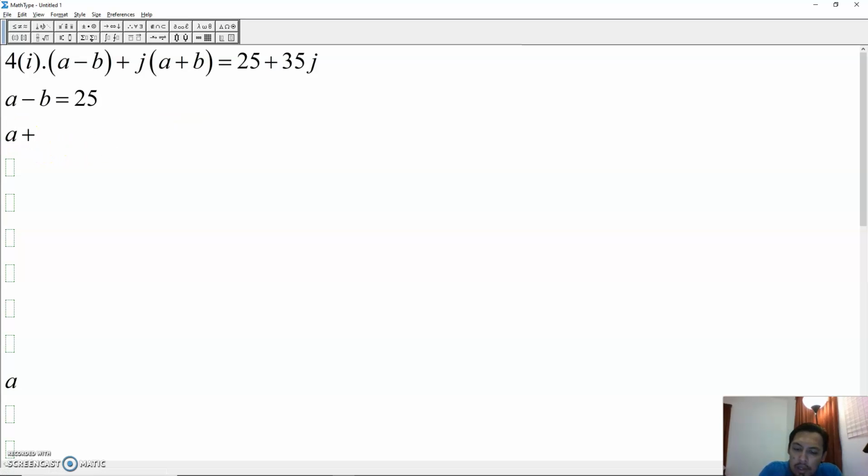Now we have this as the first equation, and this as the second equation.